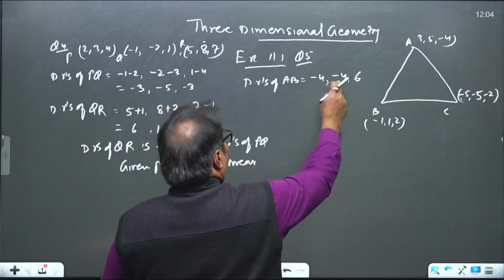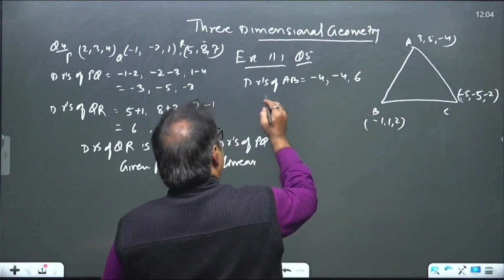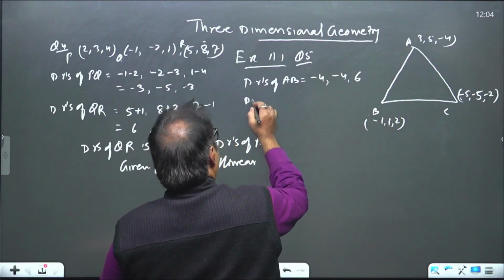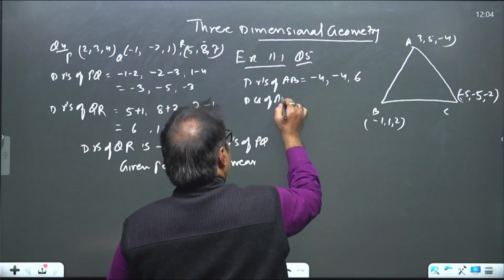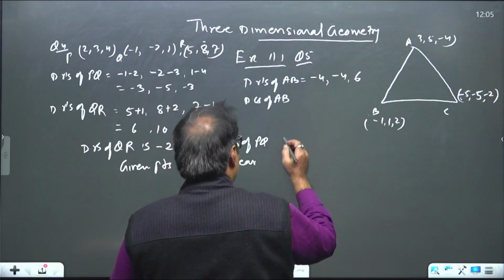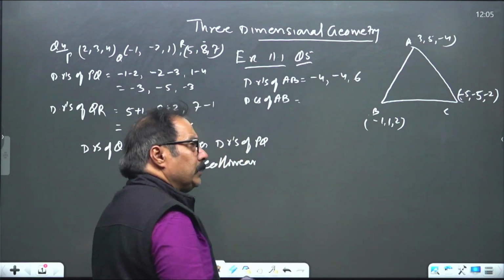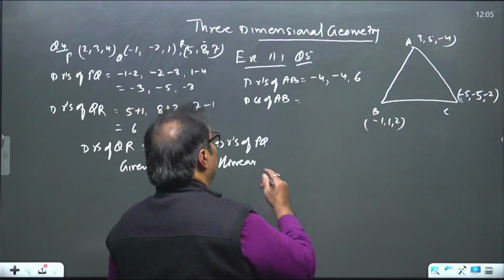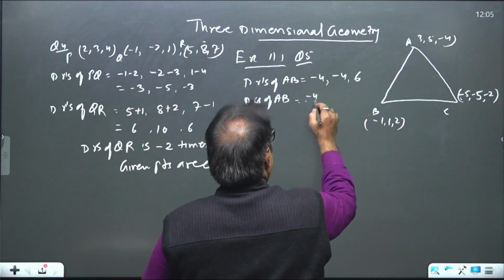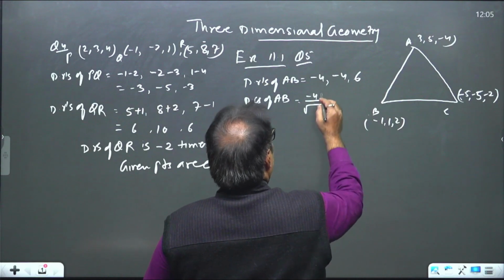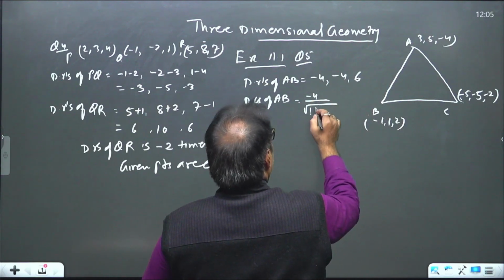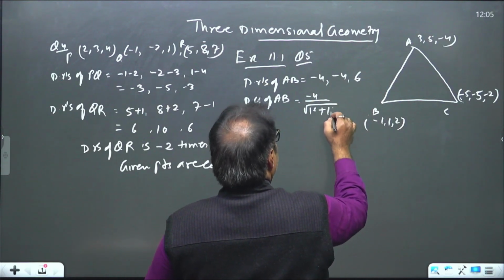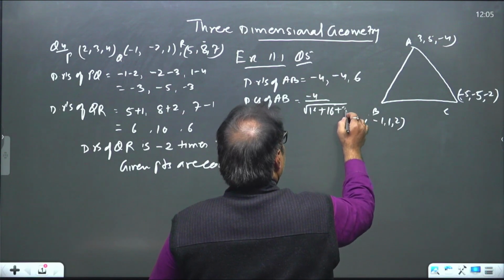Now we will find the direction cosines of AB. By applying the formula plus minus a upon root over a square plus b square plus c square, this is minus 4 upon root over of minus 4 square 16, again 16, and 36.